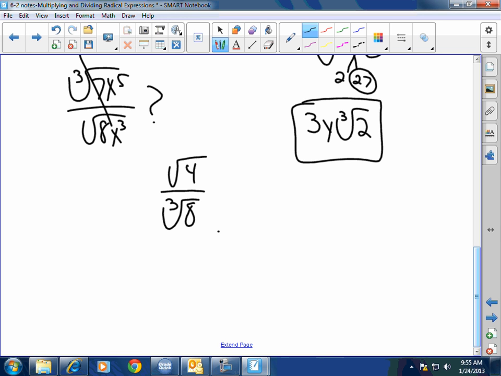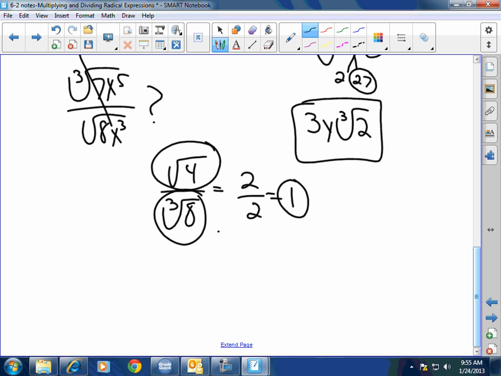But if they do, I don't want you to say you can't simplify this. Square root of 4 is 2, cube root of 8 is 2. This would be 1 in that case. That would work, only because I was able to simplify both radicals into whole numbers.